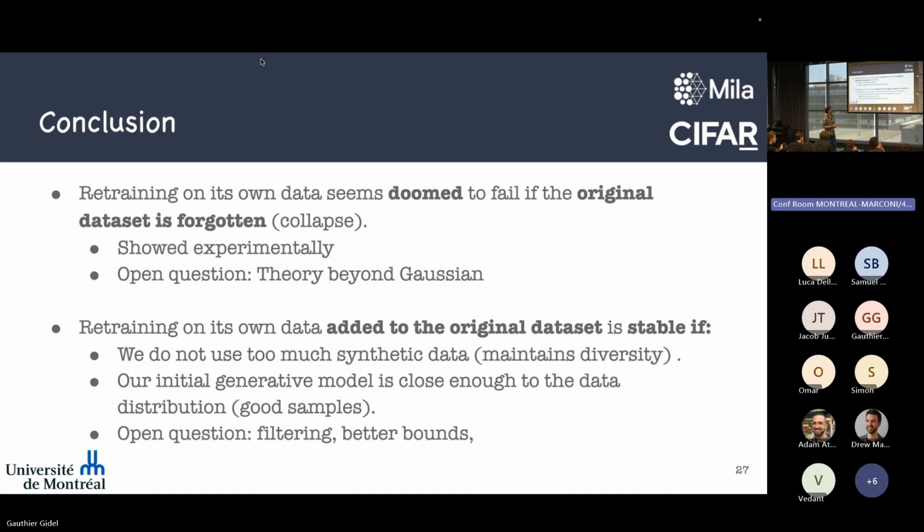So there is still this open question about human filtering of generated data. Maybe we could stay stable, only adding the assumption that generated data are filtered. Another open question would be better bounds, working in the distribution space and having a better dependence on lambda and epsilon. On this, thank you very much.